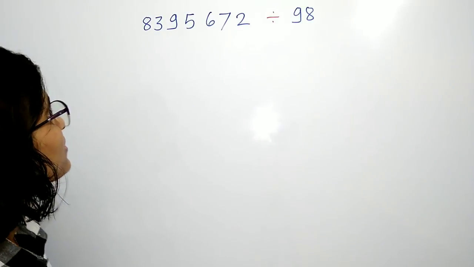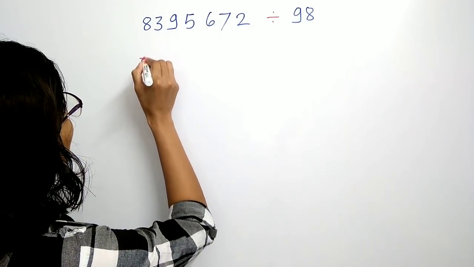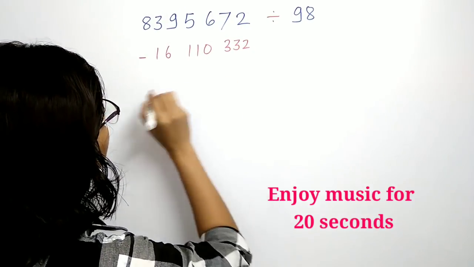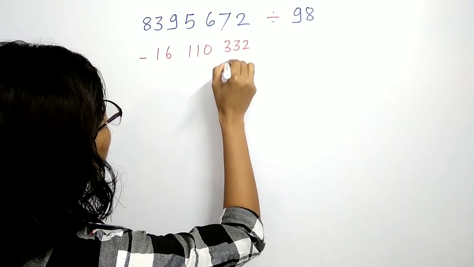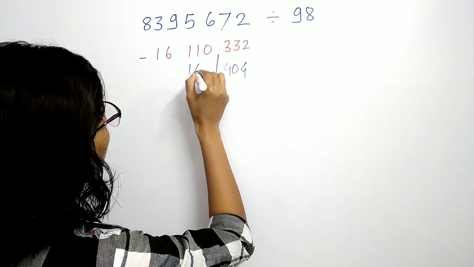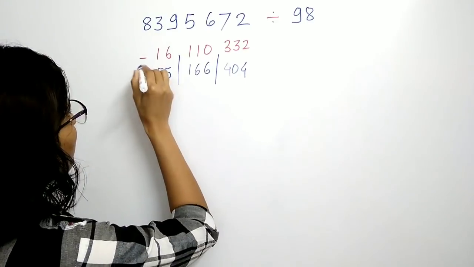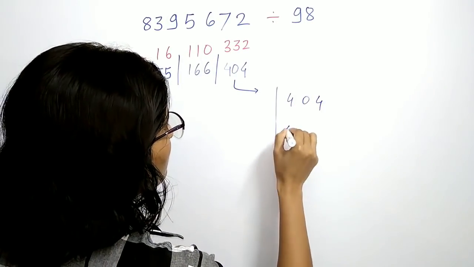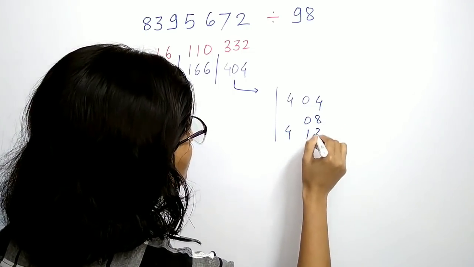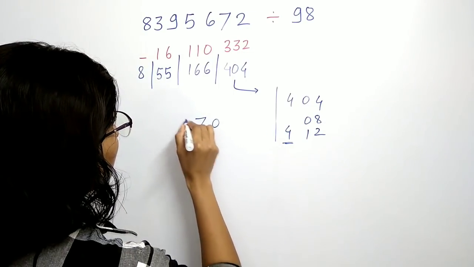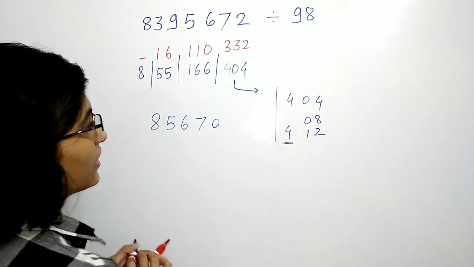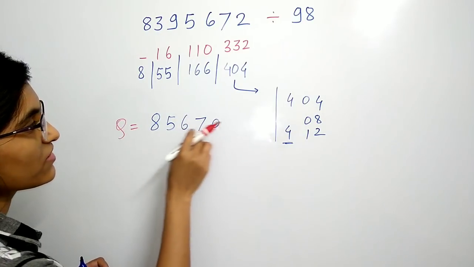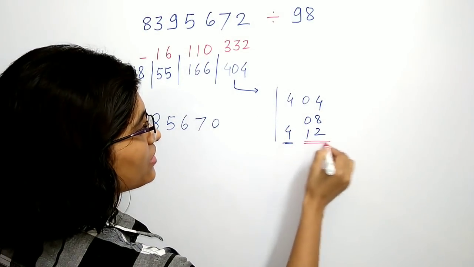So the answer to this is: the quotient is 85670 and the remainder is 12.